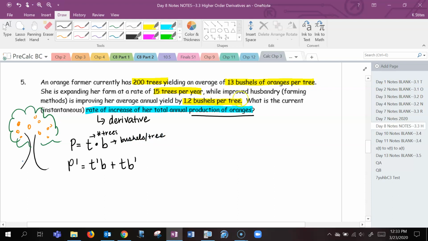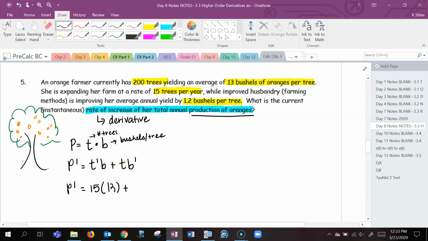All right, so let's see if we can identify what each of these numbers mean. T prime would be the derivative of the number of trees, or in other words, how many trees are changing per year. So that would be this 15. She's expanding her farm at a rate of 15 trees per year. B is the current number of bushels per tree, so that would be my 13.